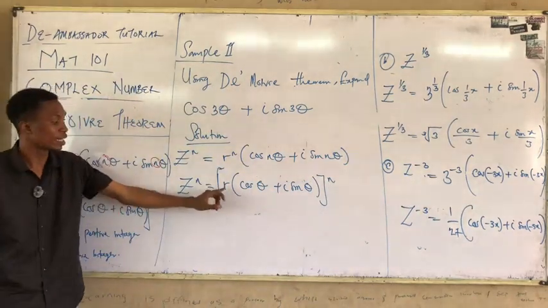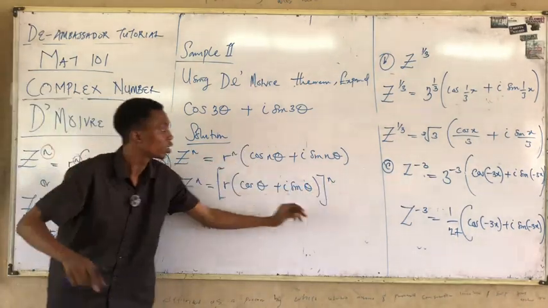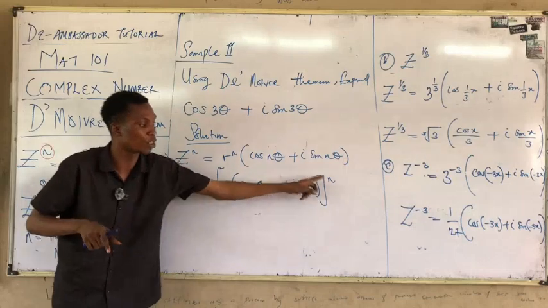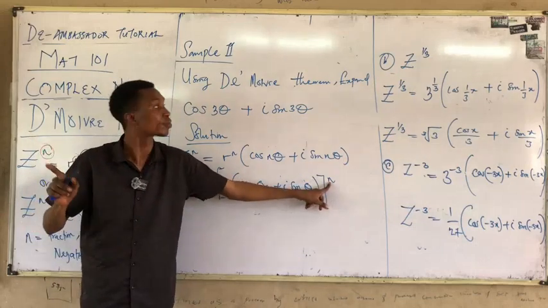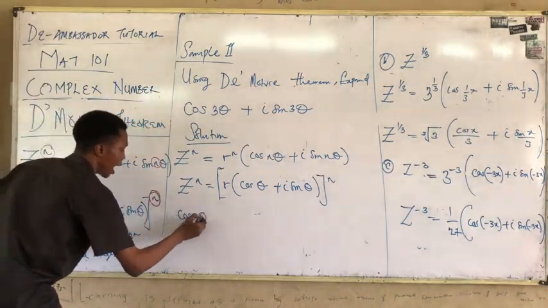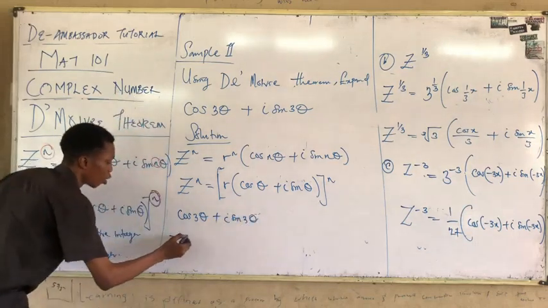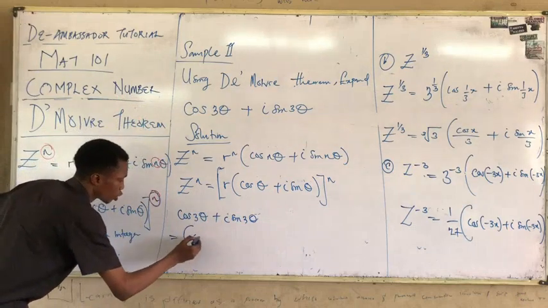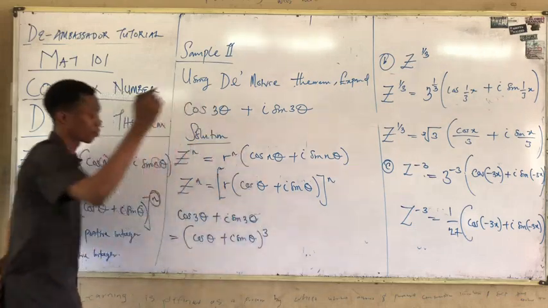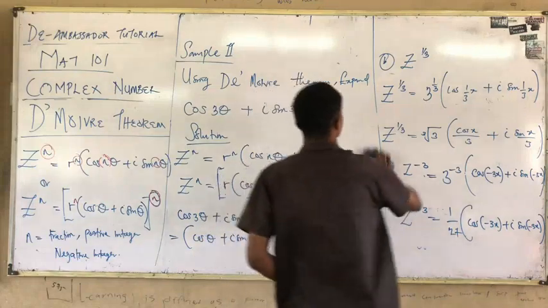What do you observe? This n is carrying the power, this r is carrying the power of n, and it turns to this. This n is beside the angle. Then it turns to what? Can I also apply it to this case? Since here is cos 3 theta plus I sine 3 theta, can it be written as cos theta plus I sine theta in the power of 3? Is it correct? Yes.